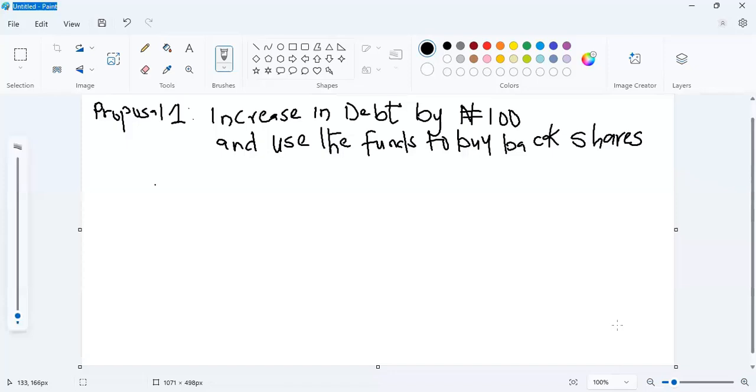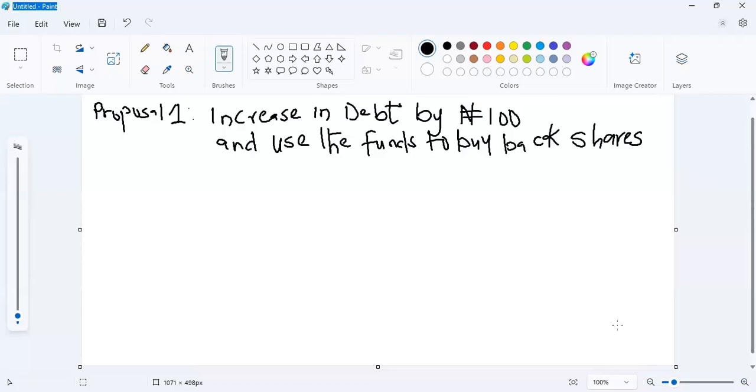The first question, let's look at increase in debt. If there's increase in debt, what will happen to your interest expense? It will increase. Good. Our interest expense will increase. If your interest expense increases, what happens to your profits? Reduces. Our profit will reduce.